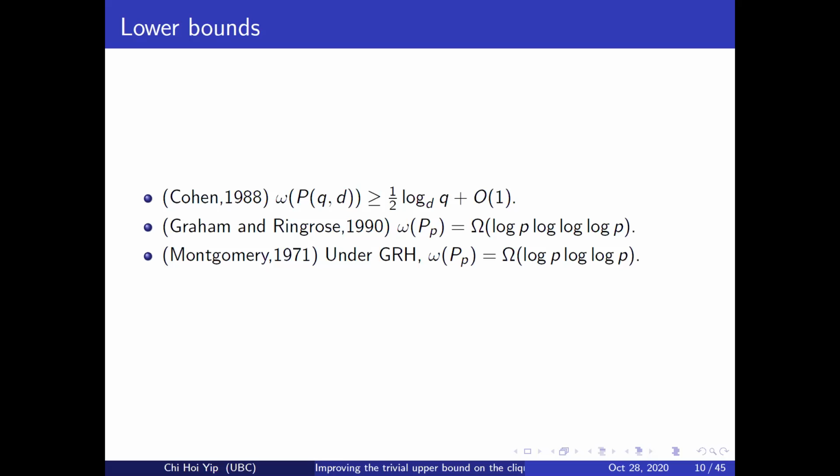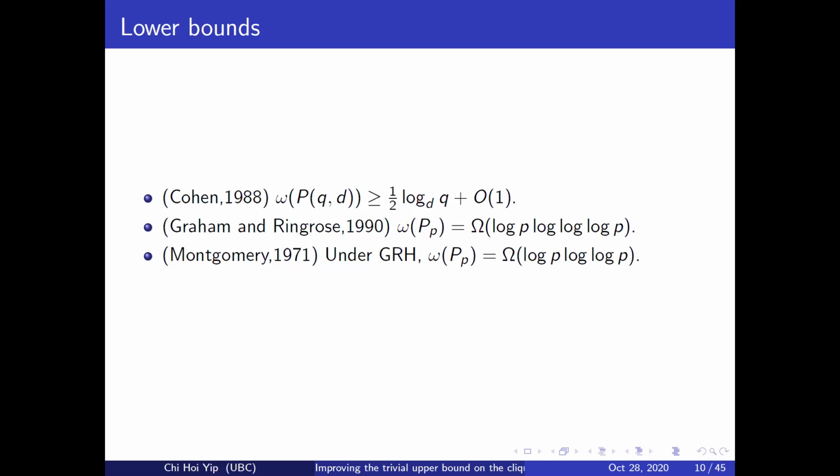So that means we can find an infinite sequence of primes p congruent to 1 modulo 4, such that there exists a constant C, where for each prime in this sequence, the clique number of P_p is at least C log p log log p.